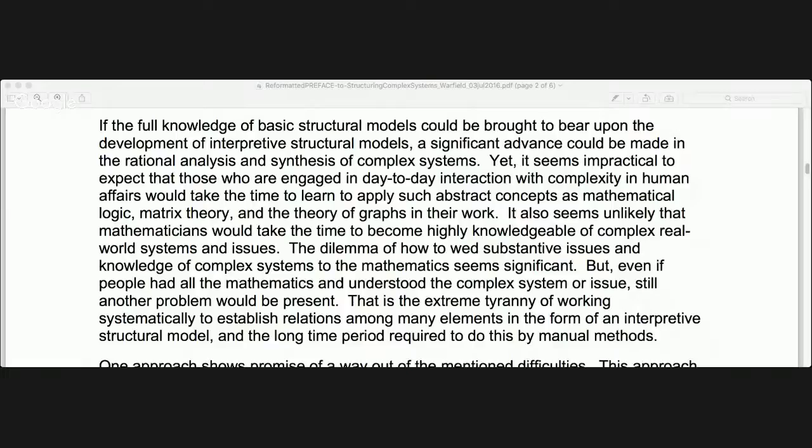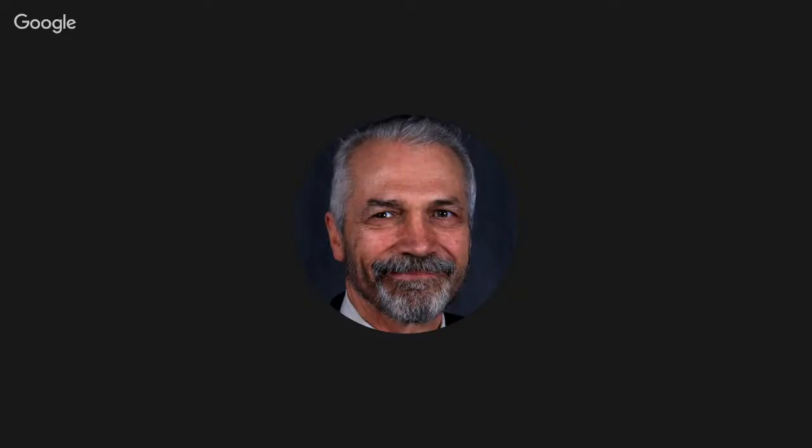So the components of structural modeling have been divided into essentially three parts. The basic structural modeling and the interpretive structural modeling were developed by Warfield.